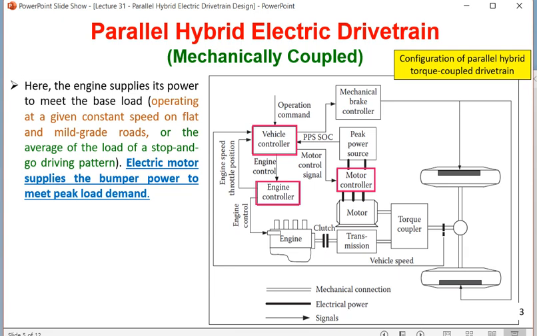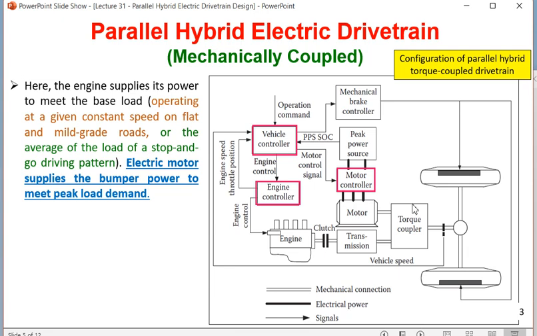Whenever there is stop and go, a lot of energy is wasted in generating the braking power. But at the same time, due to regenerative braking, the PPS can be recharged. During regenerative braking, the mechanical power gets converted to electrical power, through the torque coupler, to the motor. In that case, the motor acts as a generator.